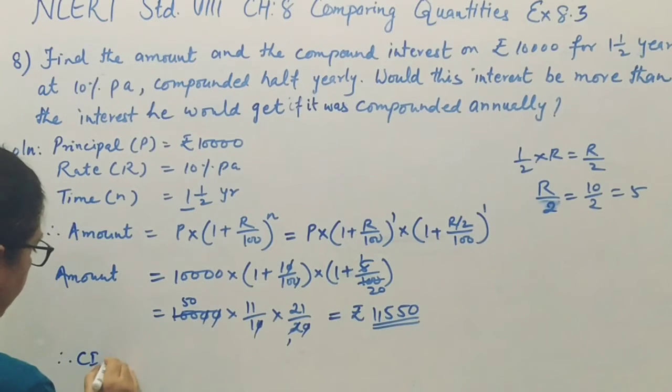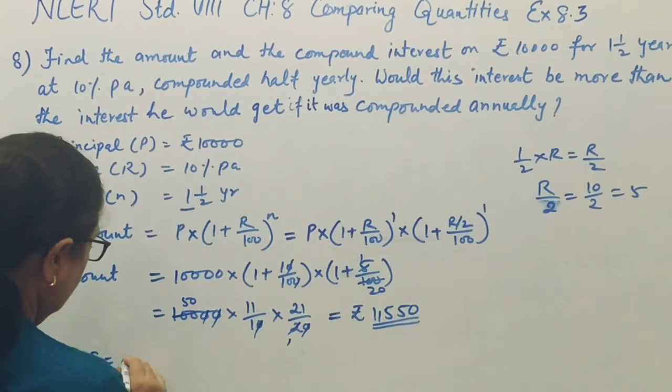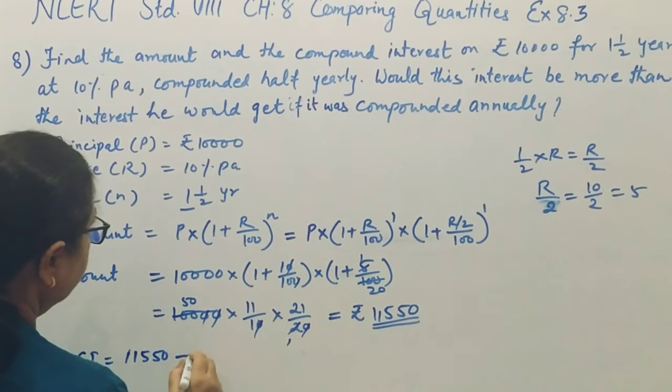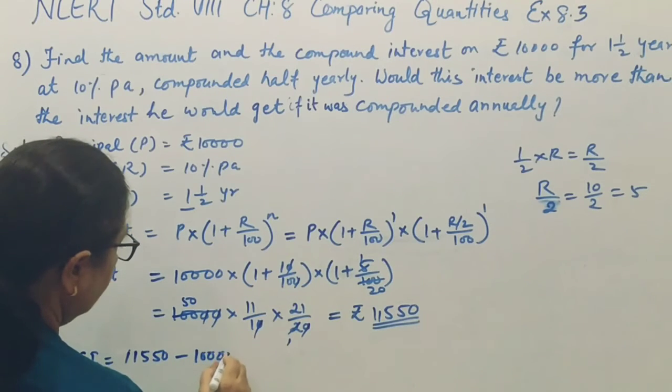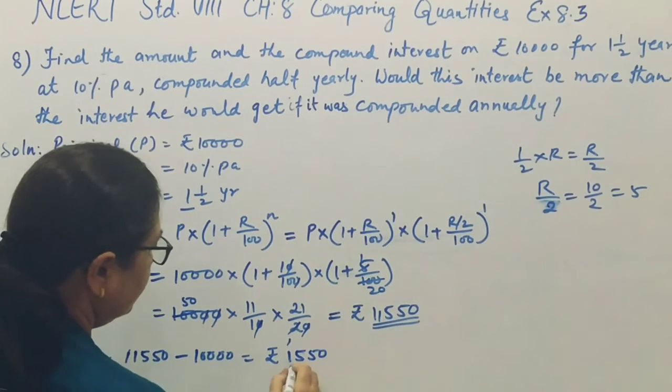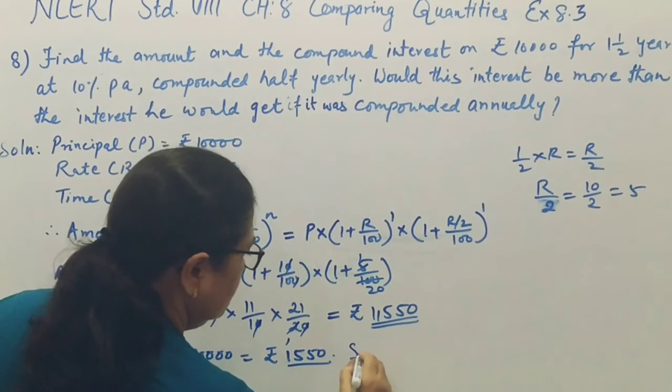Therefore, compound interest is equal to amount, that is 11,550 minus principal, that is 10,000. So compound interest is 1,550.